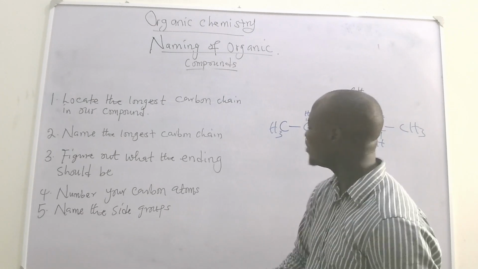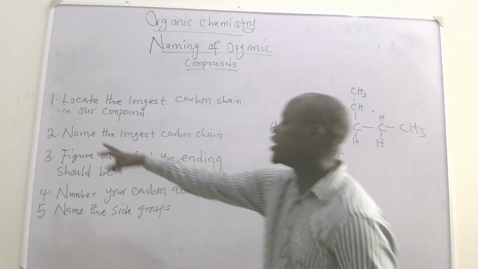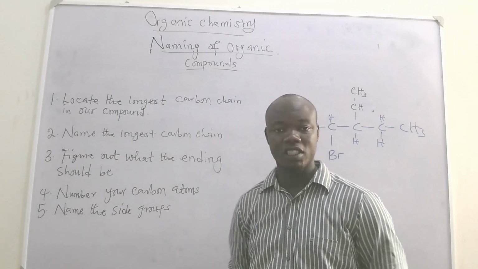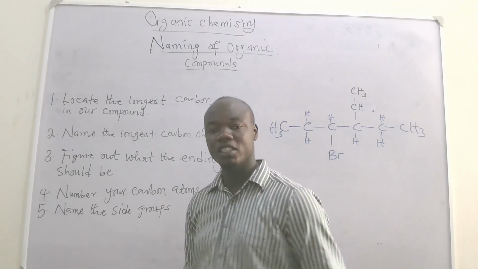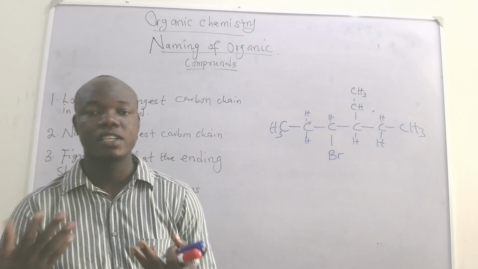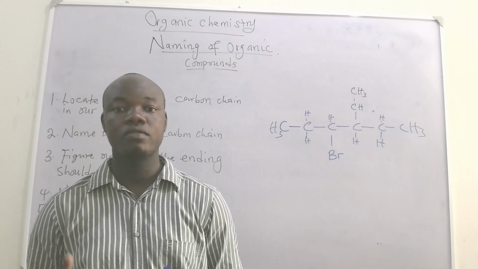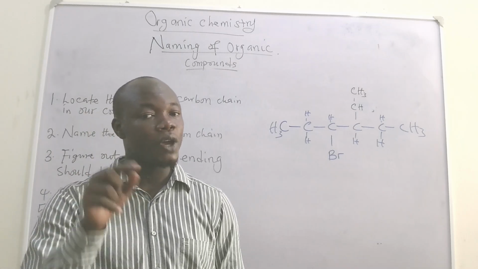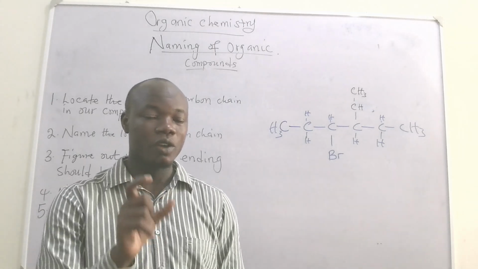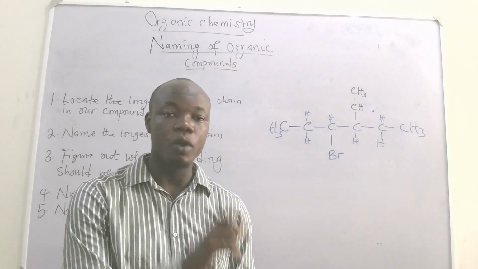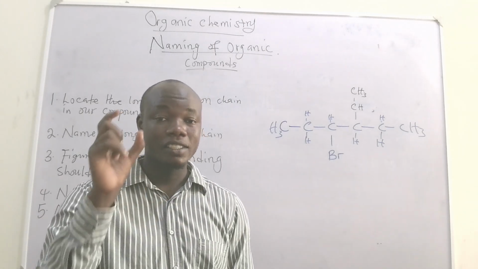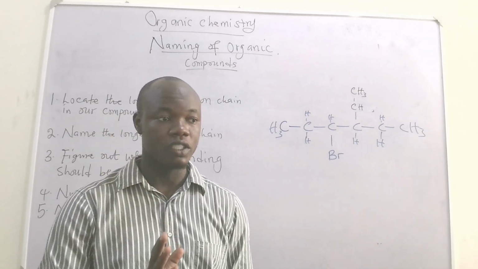After we count, the next thing is to name the longest carbon chain. Based on the counting, we have 6, so we have a root word. We are not going to name it completely; we are to actually start with the root word.